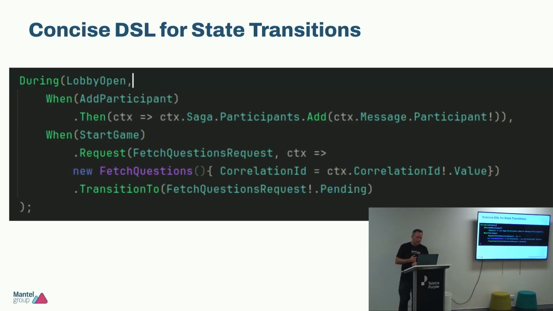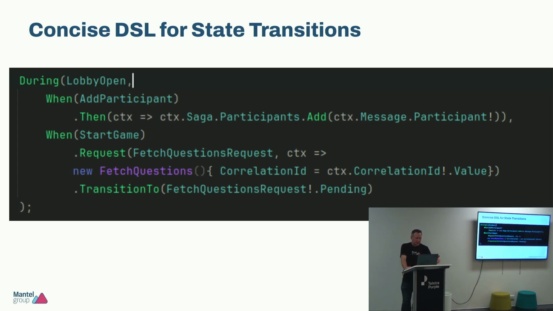During lobby open, when the add participant event comes in, then we'll use our context to grab participants from our saga and we'll add that extra participant into the state for our saga. And for the add participant, we're not going to change the state of our application. So we're going to repeat this operation as participants join in while the lobby is open, and we'll keep adding to our list of participants.